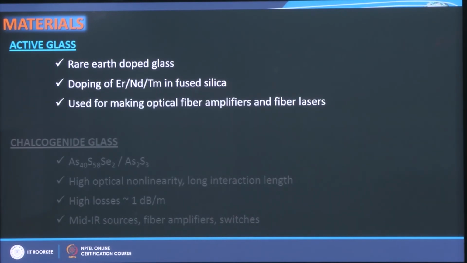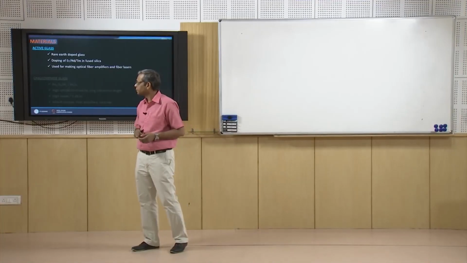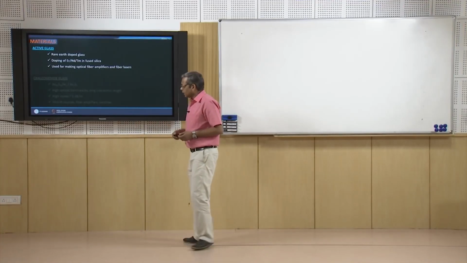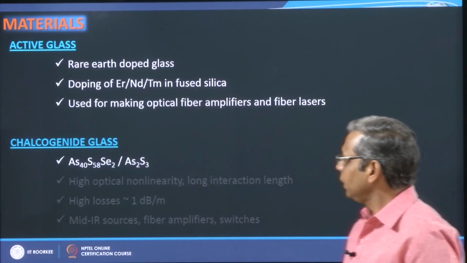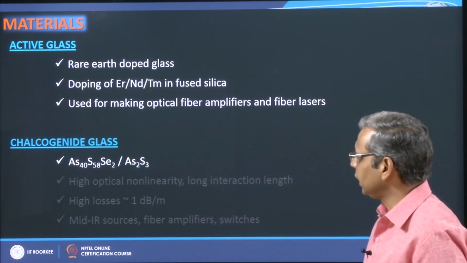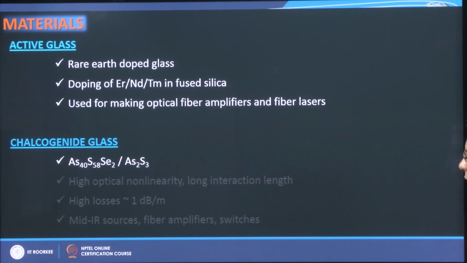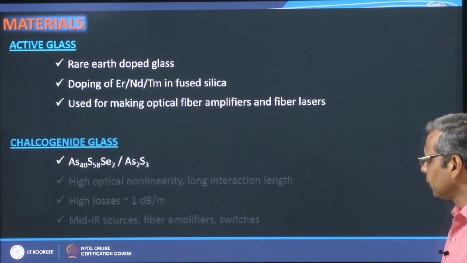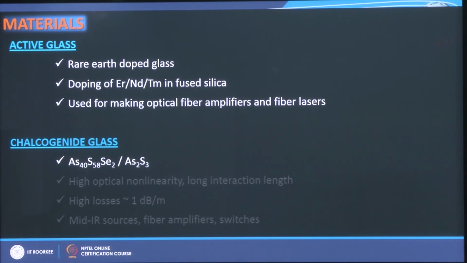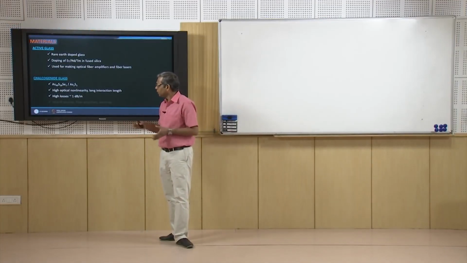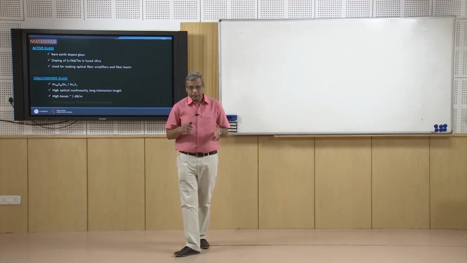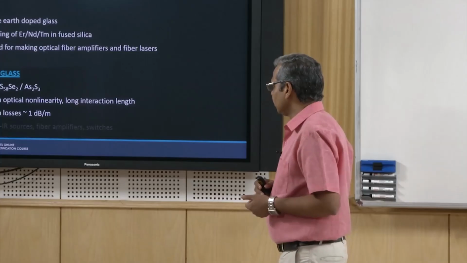The dimensions can go from 10 to 20 centimeter, and the length can be 1 meter for an industrial preform. When you draw fiber out of this, this structure is retained over kilometers of length. The quality of the fiber depends upon the quality of this preform.